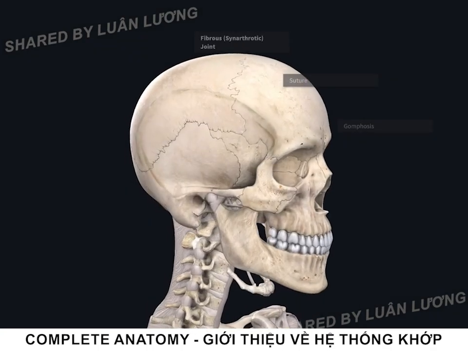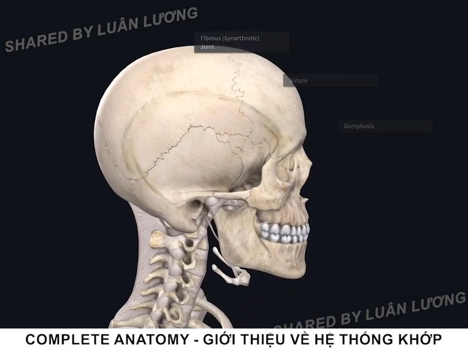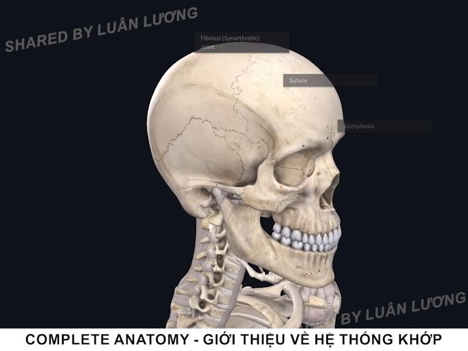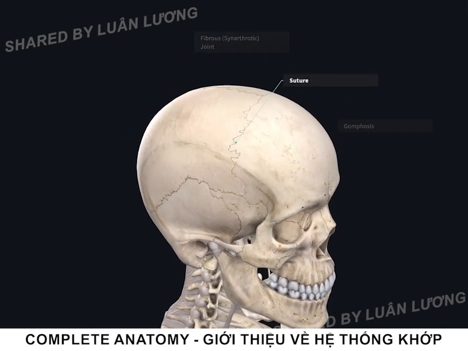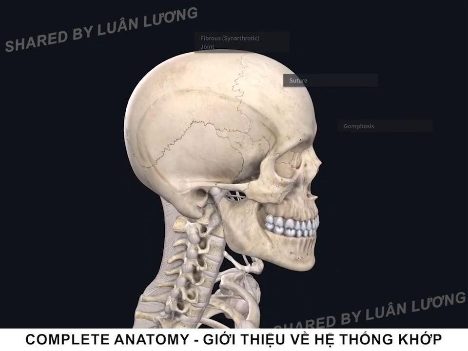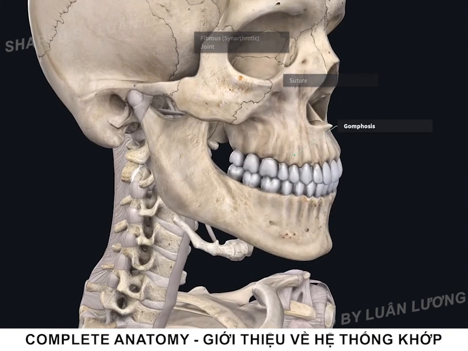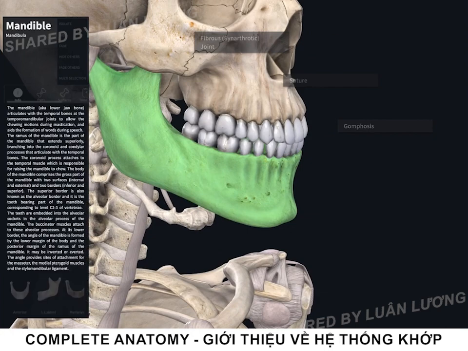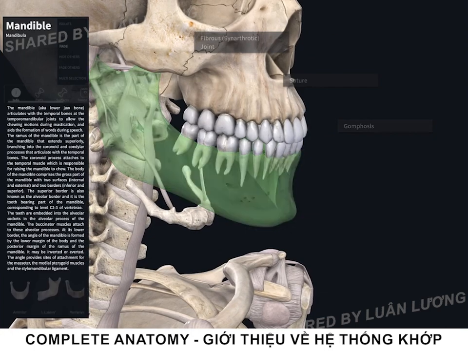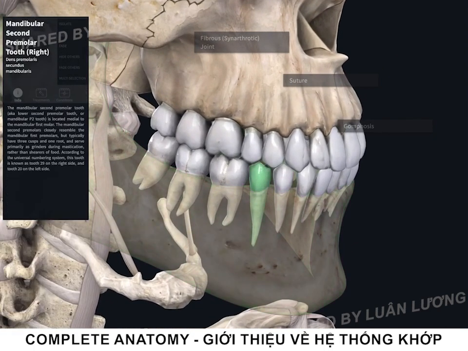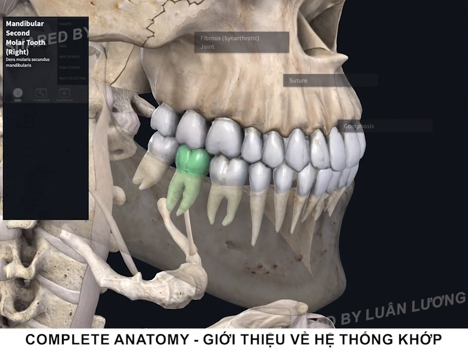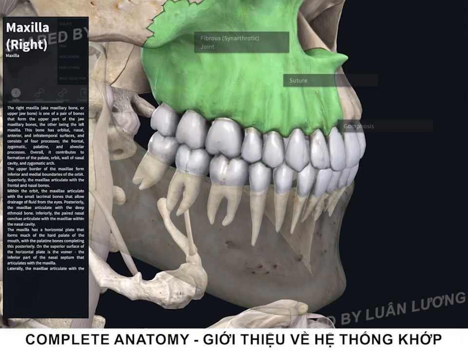The second type of fibrous or synarthrotic joint after sutures is also found within the head, and this joint is known as a gomphosis. Now, a gomphosis is going to be the joint that is formed between the roots of our teeth and the surrounding bone, either the mandible or the maxilla.